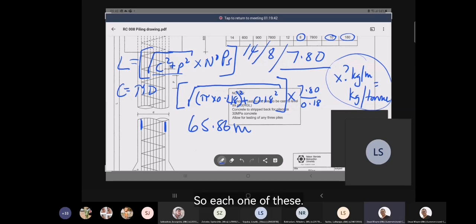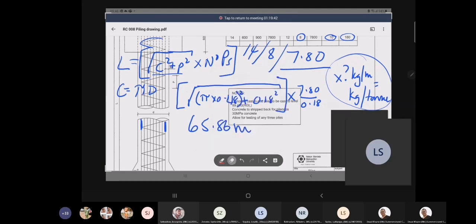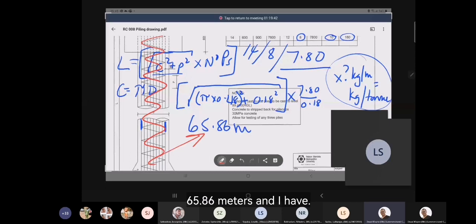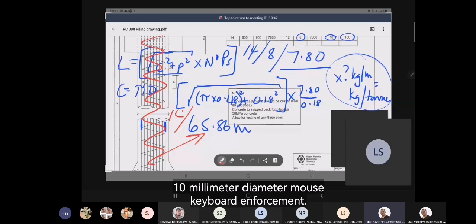So each one of these would be equal to 65.86 meters, and I have 14 of them for my 10 millimeter diameter mild steel reinforcement.